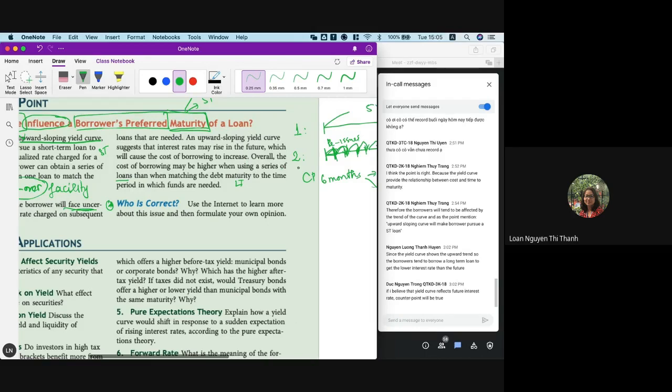They will prefer locking themselves into the long-term rate rather than a series of short-term rates. So if you believe that the upward sloping yield curve reflects the future interest rate, you favor the counterpoint, or the counterpoint has more validity.